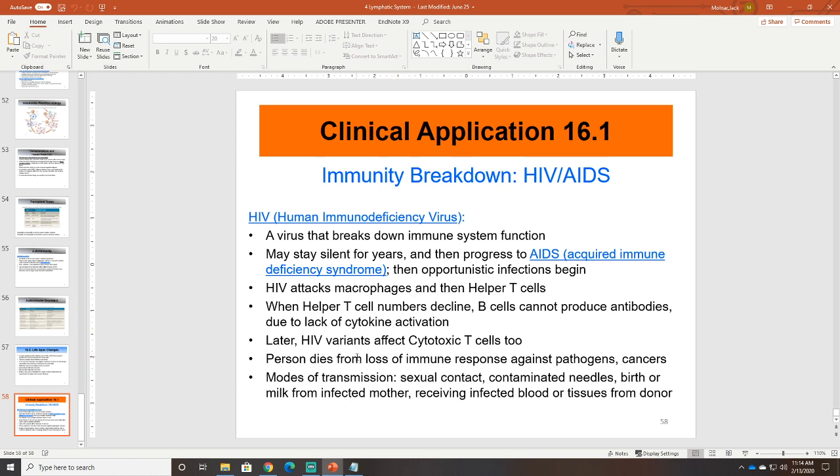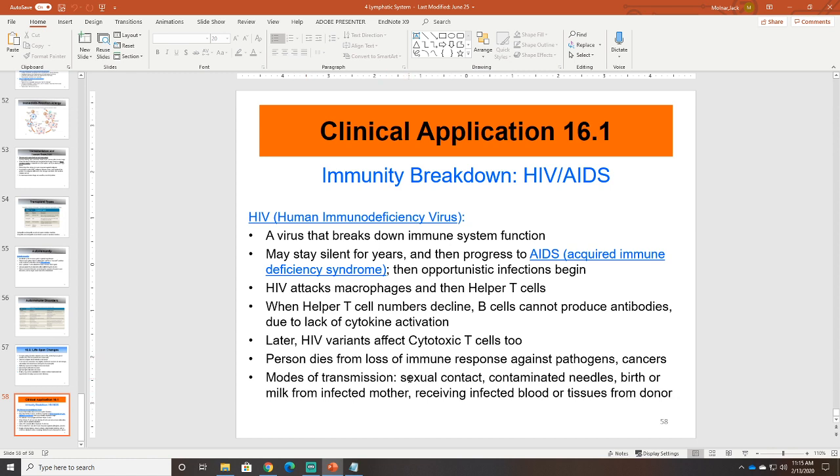Later, HIV variants will affect cytotoxic T cells as well. And a person dies from the loss of the immune system, not the virus itself. Also, some cancers become more prevalent because, again, the immune system has some role in suppressing cancer and tumor growth.